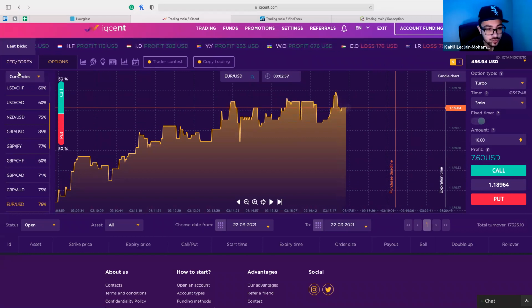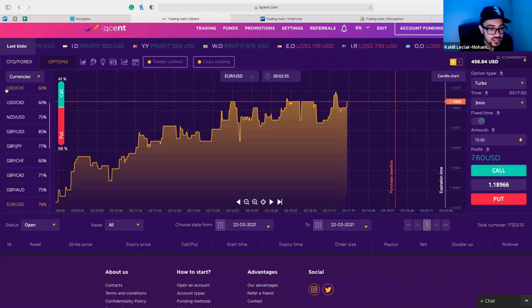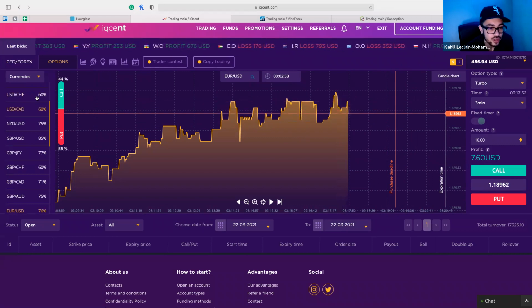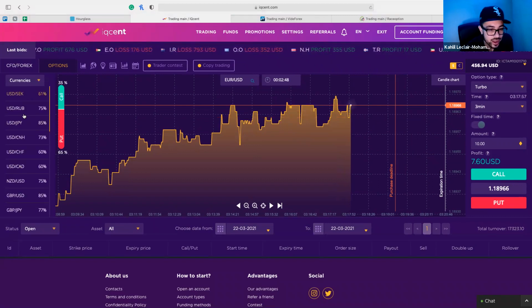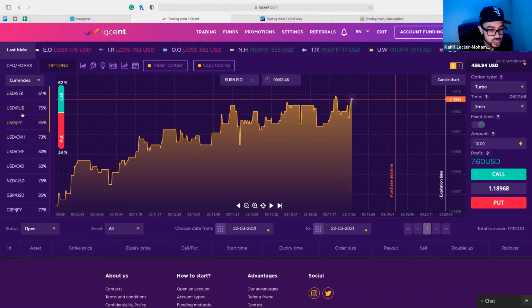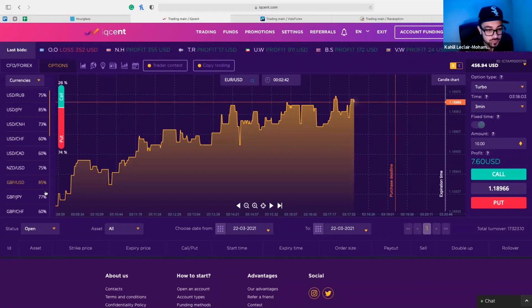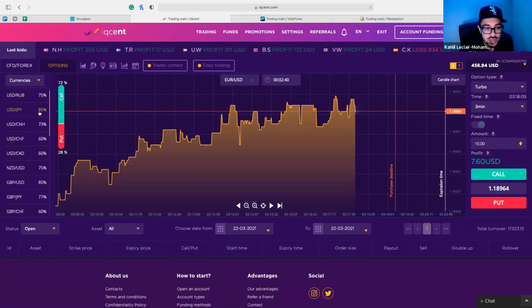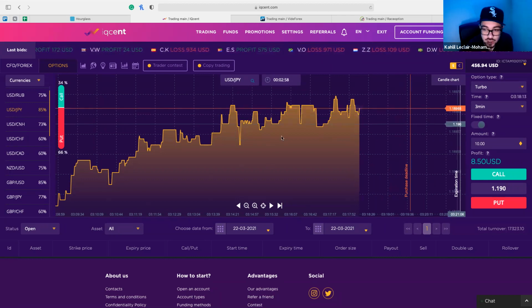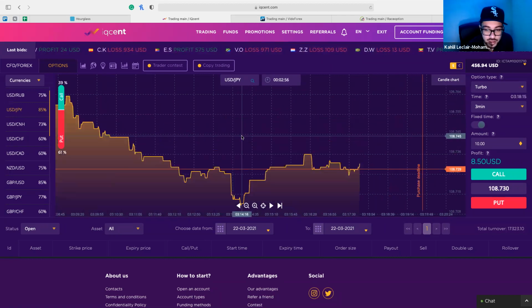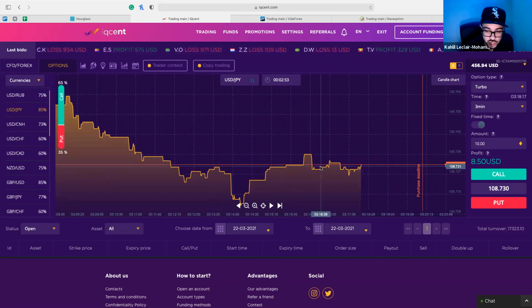All right, now let's focus on the left-hand side. On the left-hand side, we have the different currency pairs that we're going to be trading. As you can see, there's the currency pair name and then a percentage attached to it. These percentages determine the amount of profit that you're going to make per trade. For instance, when I click on USD/JPY, it takes me to the chart.